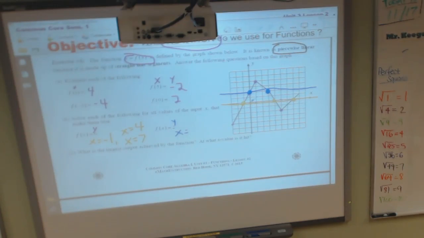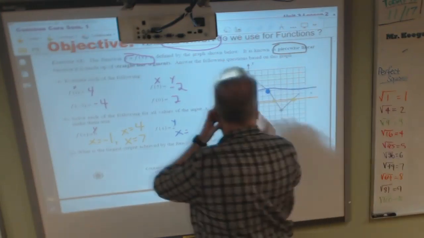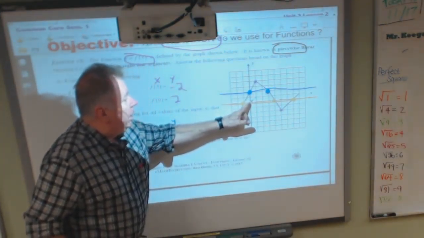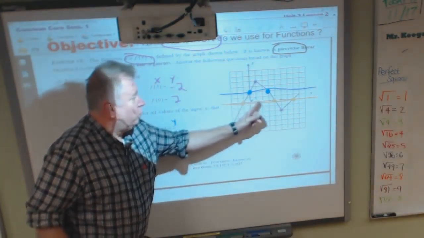You always start at the center here, the 0, 0, the origin, right? So to get from here to here, what value of x, am I going to the left or the right? The x, you always go to the right or the left.